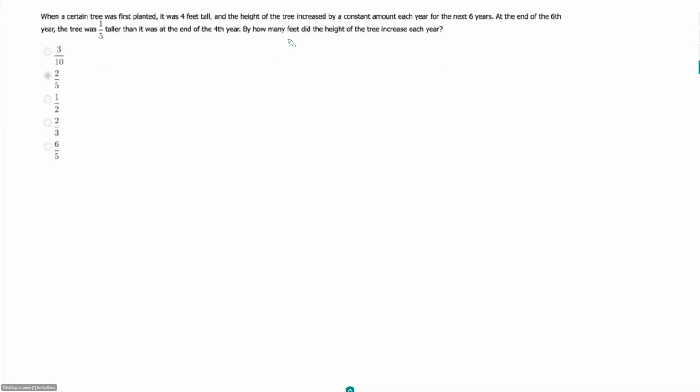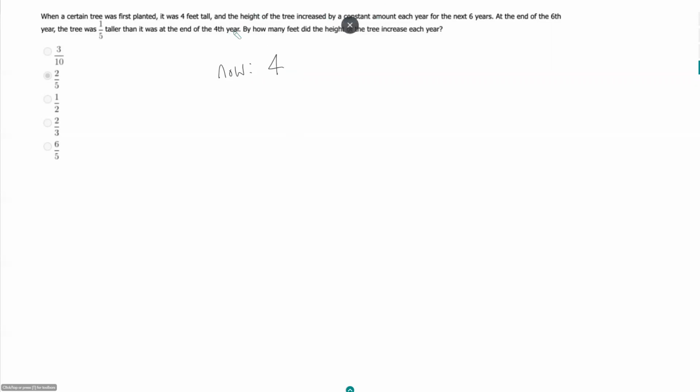So let's see if we can translate each of these statements. What is our timeline here? We start off now, and our plant is, actually they tell us, 4 feet tall.